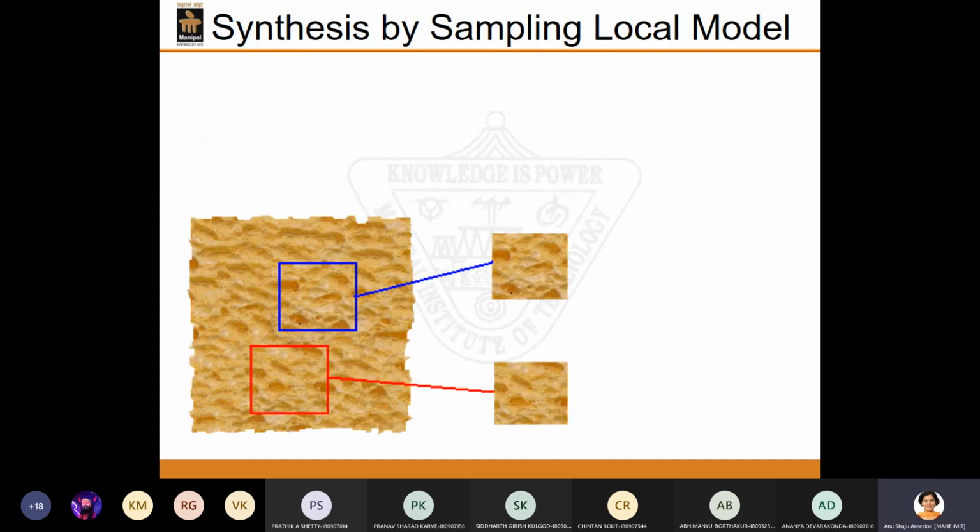Now we'll take the same example as before. Let's say this is the input image we have, with a particular texture which is given to us. Let us consider this as the patch, and let us take this as the input image, and I want to create a larger image.